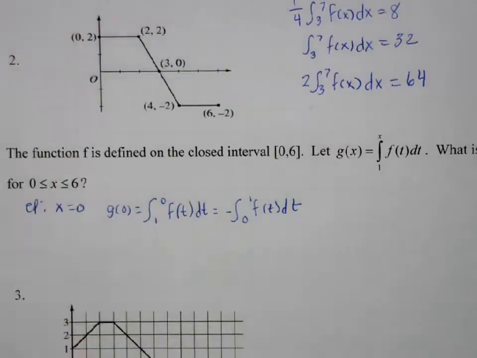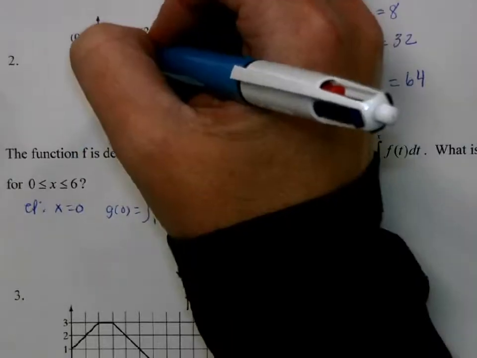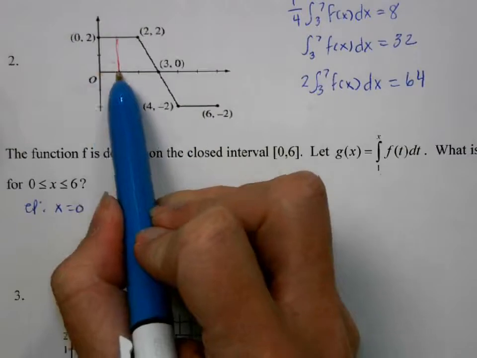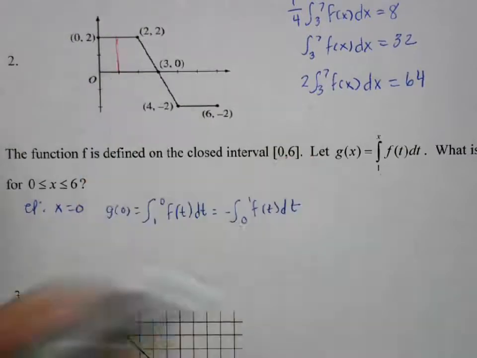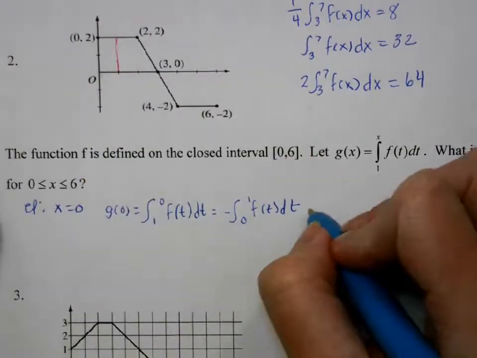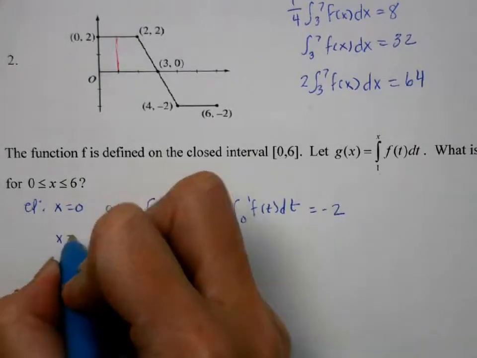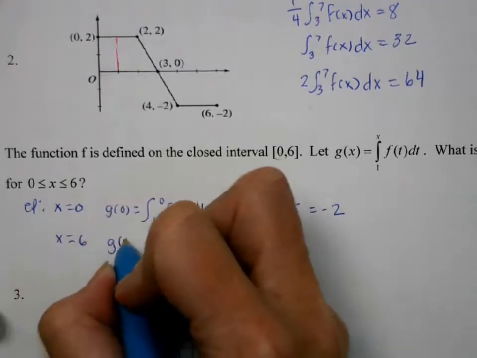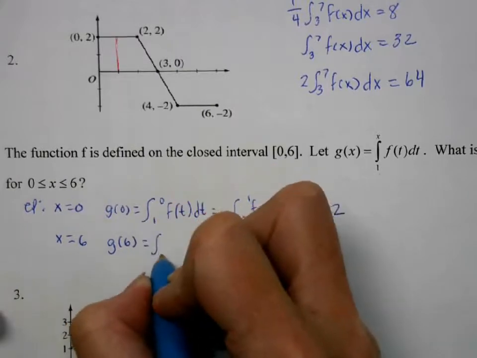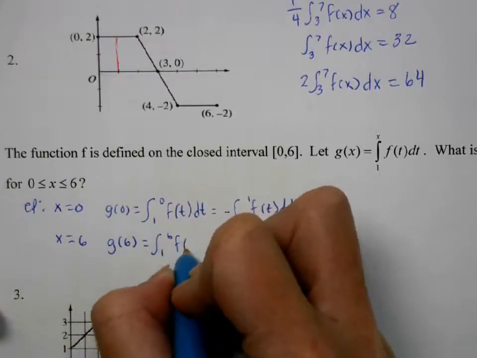Okay, so I'm looking on my graph here. Here's 1. The integral from 0 to 1 is just going to be the area of this rectangle here. So that's going to be 1 times 2. So this is negative 2. When x equals 6, g of 6 is going to be the integral from 1 to 6.